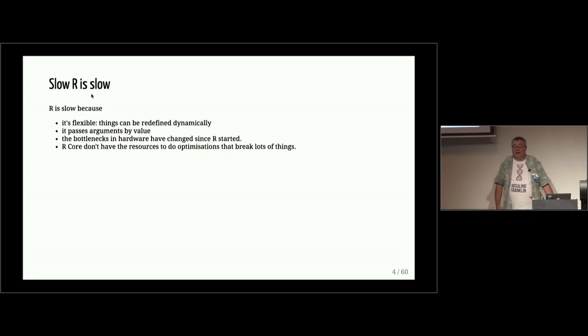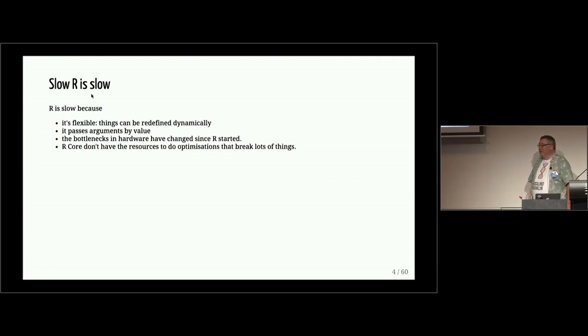For example, R doesn't have a single precision floating point data type, because in the 1990s these weren't useful. The floating point coprocessors could do double precision just as fast as single precision. Now they're enormously useful because getting stuff on and off the chip is the big bottleneck in all computing, so the bottlenecks have changed since R was first designed.